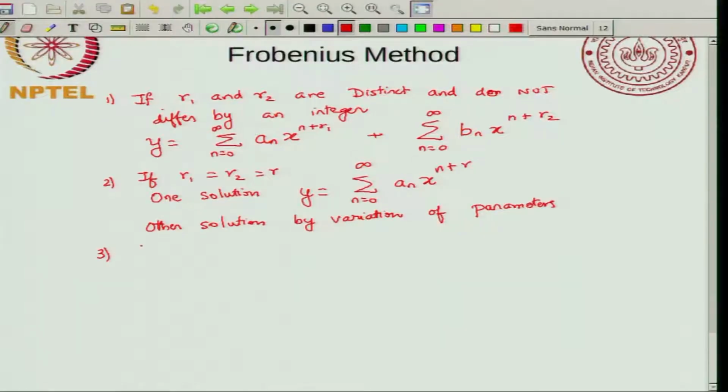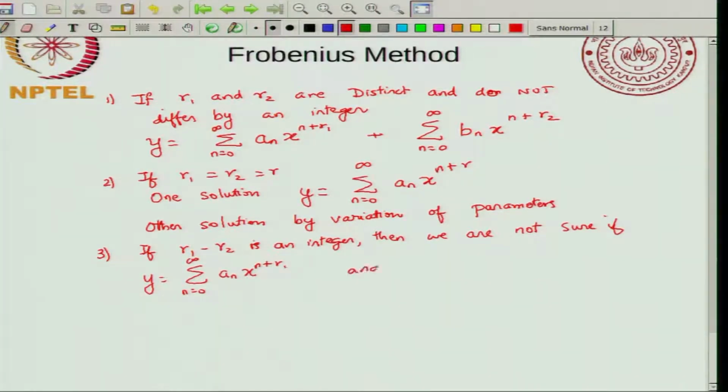Now, the third case: if r1 - r2 is an integer, then we are not sure if y = sum over n = 0 to infinity of a_n x^(n + r1) and y = sum over n = 0 to infinity of b_n x^(n + r2) are linearly independent.